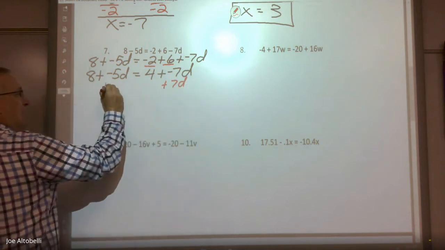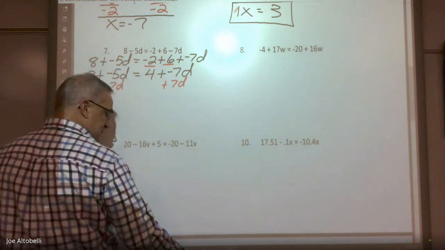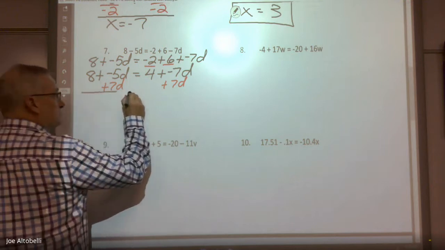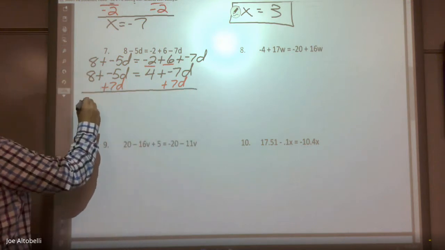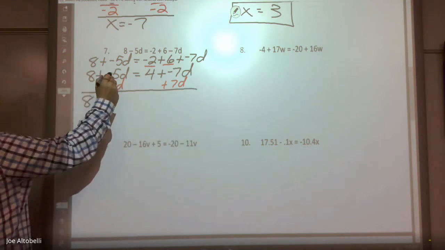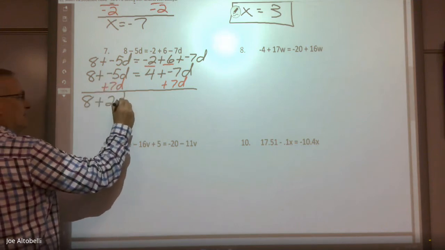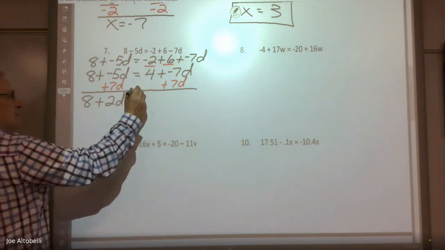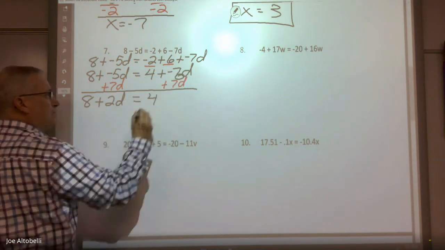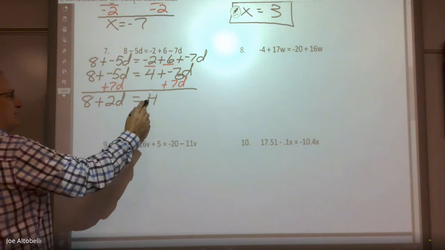And then I add 7d. So I'm going to have 8, negative 5d plus 7d will be plus 2d equals my 4, and this zeroes out. That's why I did it. So I just get equals to 4.